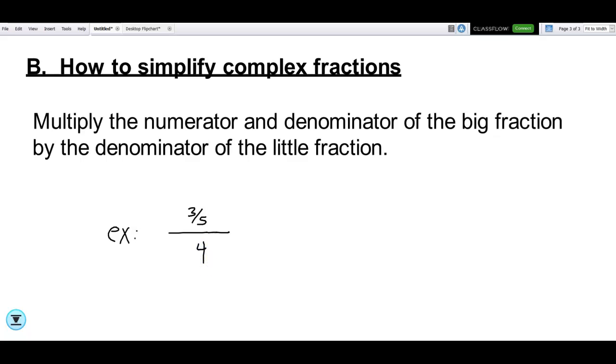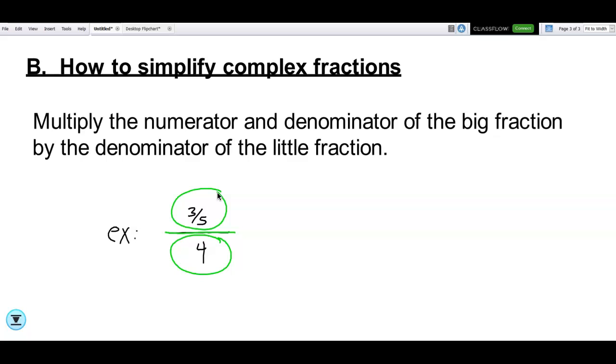So let me do some color coding here. We have a big fraction. The big fraction, I'm going to trace in green. There's its bar. Here's the denominator of the big fraction, and here's the numerator of the big fraction, right?